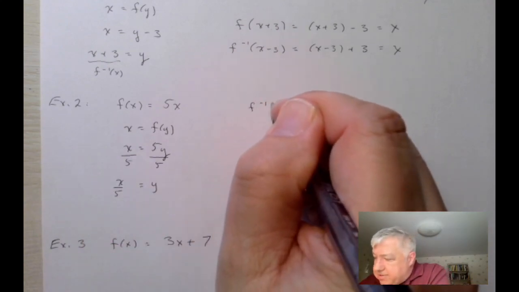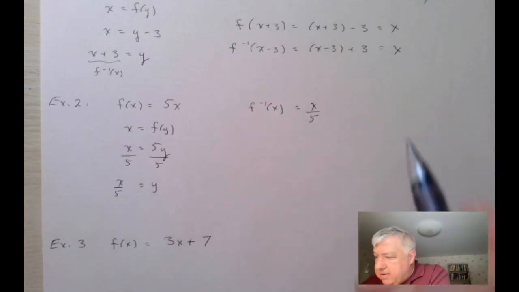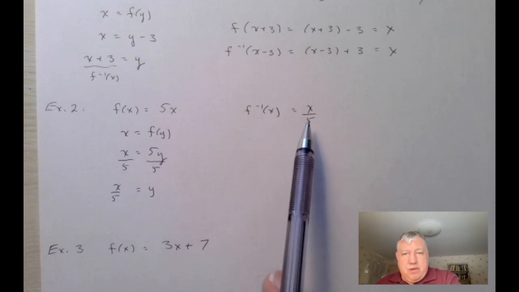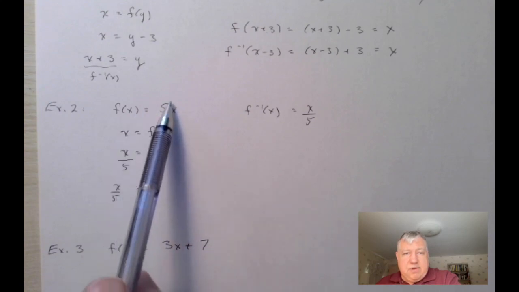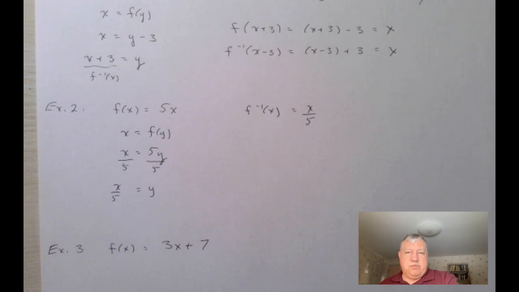So f inverse is this expression, x divided by 5. And we won't write this out, but obviously if you take this thing and multiply by 5, you get x. If you take this thing and divide by 5, you get x. So these are indeed inverses of each other.